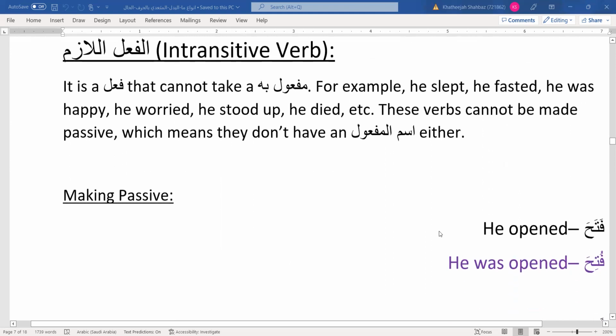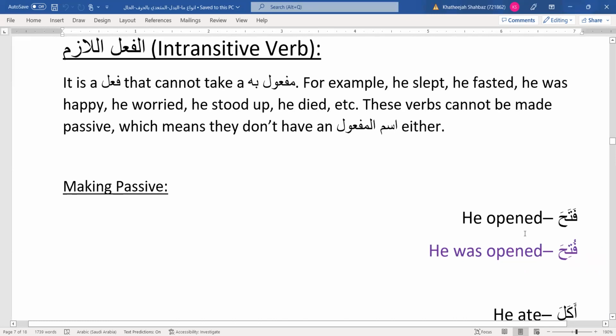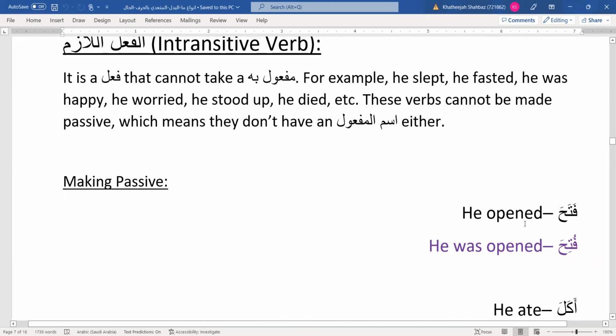And how we make passive voice, we already know this, but we can go over it briefly. Fataha, for example. Fataha means he opened. Futiha means he was opened. So futiha is a passive voice of fataha, and fataha is a mutaddi fail, and that is why we are able to make it passive voice, because we can add who or what in front of it.